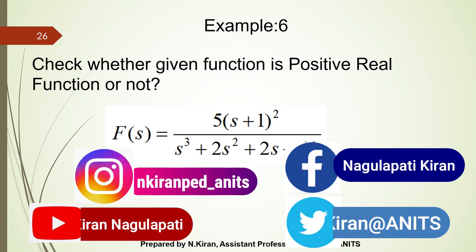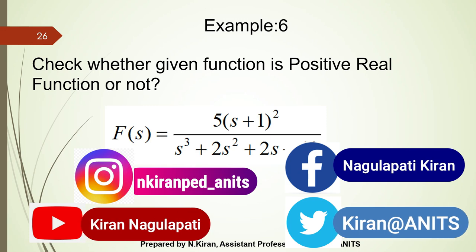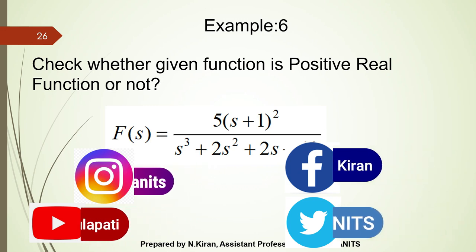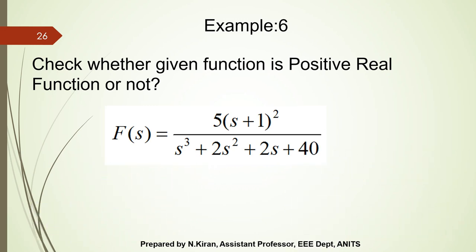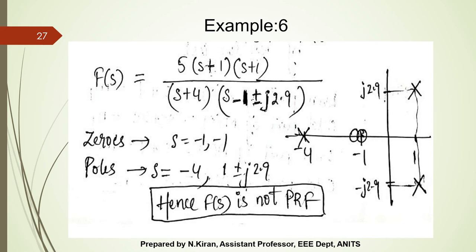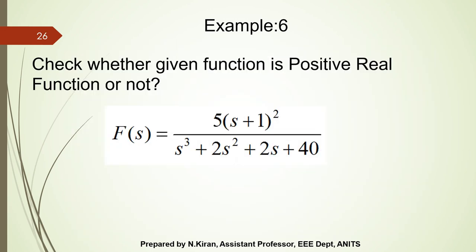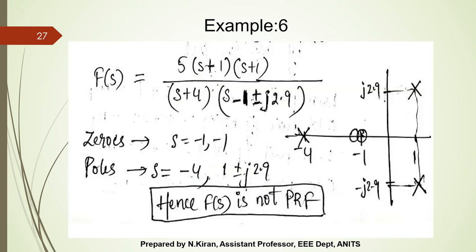The sixth example, f of s equals (s plus 1) whole square divided by s cube plus 2s square plus 2s plus 40. The numerator roots are obviously minus 1, minus 1, repeated roots. And I will find the roots of the denominator polynomial. Since it's a cubic equation, with the help of a calculator, you can easily find the roots.